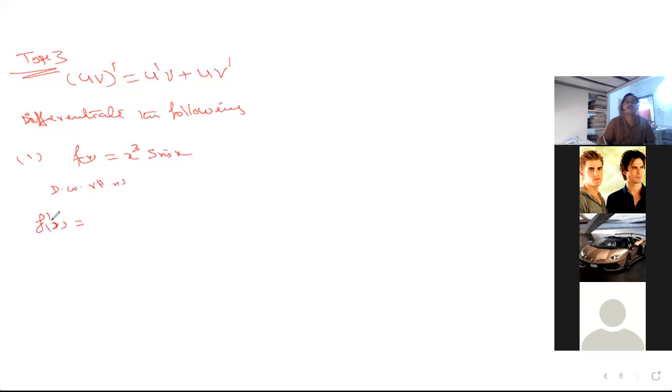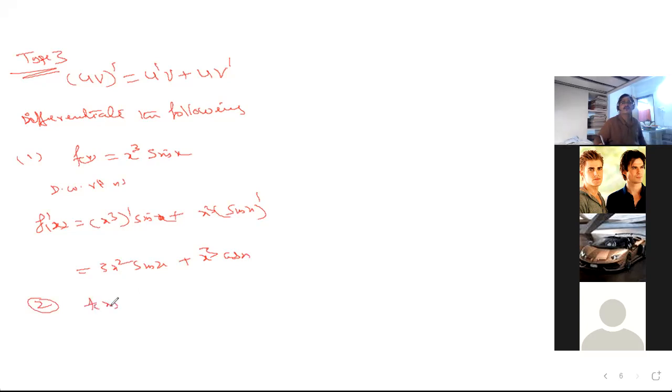Here (x cube) whole dash sin x, write this step now, it is compulsory. (x cube sin x) whole dash: x cube dash sin x plus x cube sin x dash. Now you will get 3x square sin x plus x cube cos x. That's it. No need to simplify.